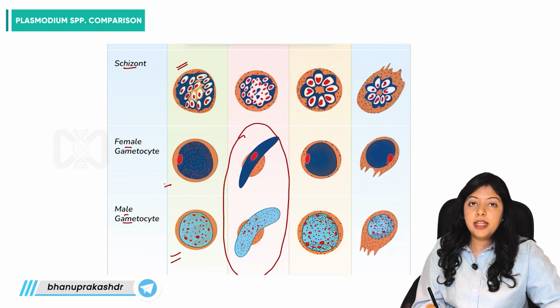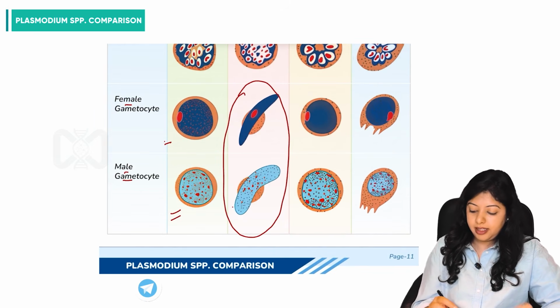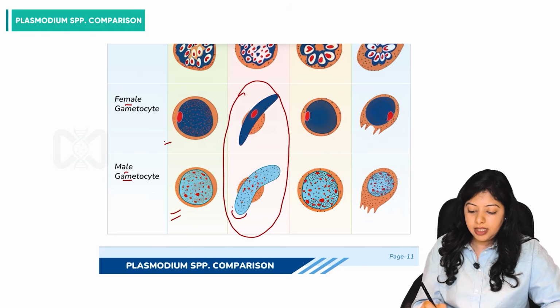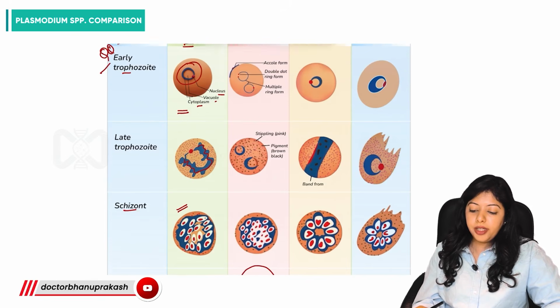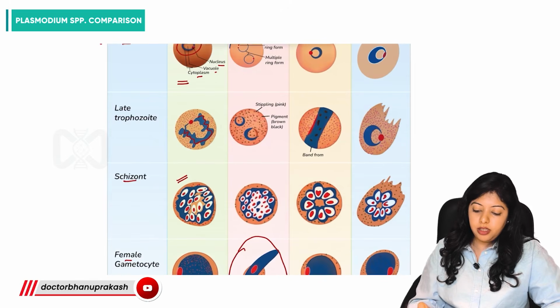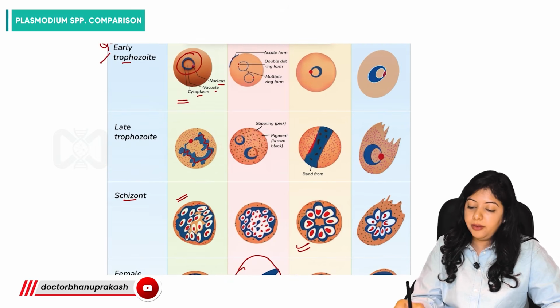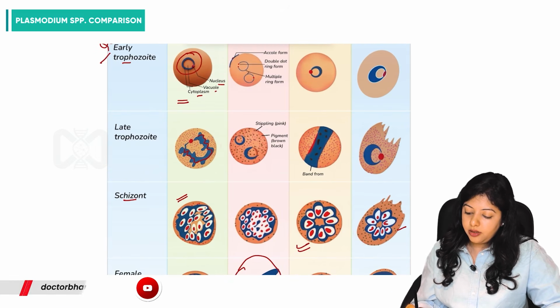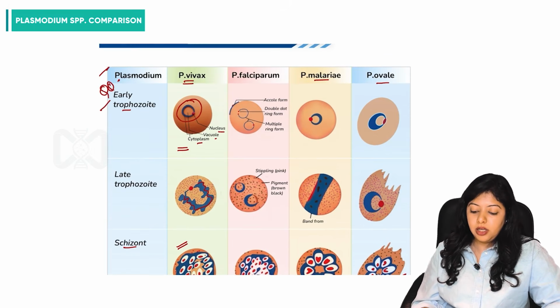Female has pointed ends and is slightly longer and thinner, whereas male has rounded ends, which is broader and stout. So look at the number of merozoites in malariae and ovale. It is 8 in number, right? So we have already discussed.